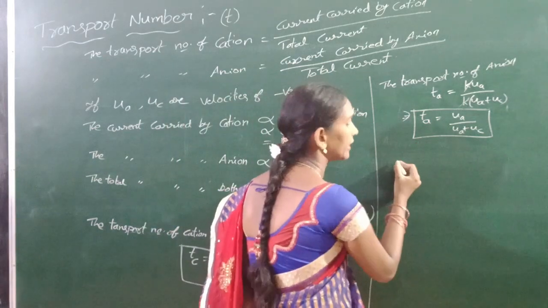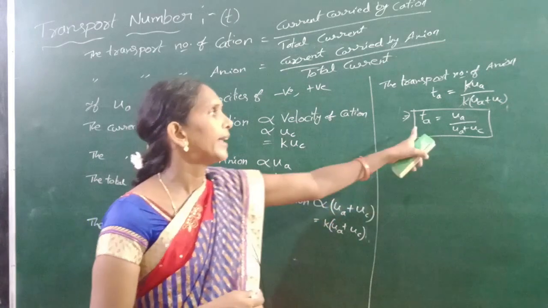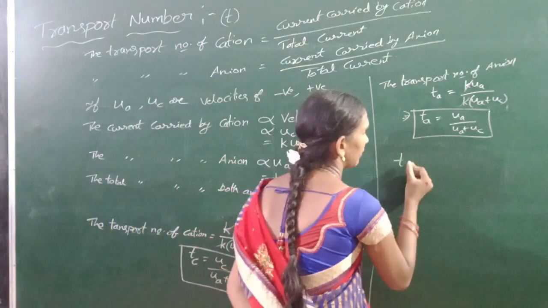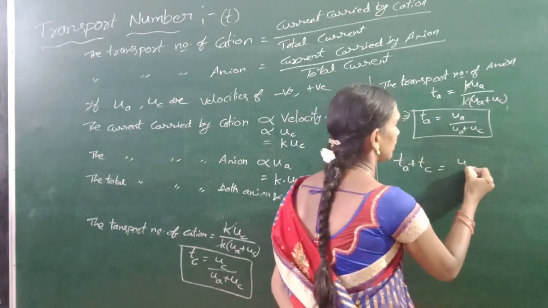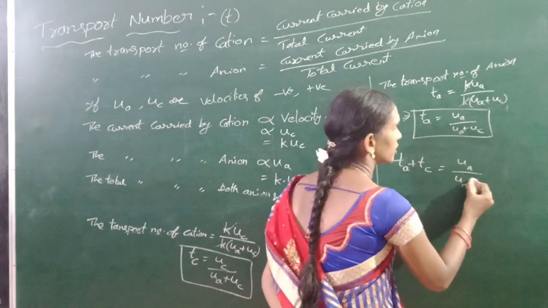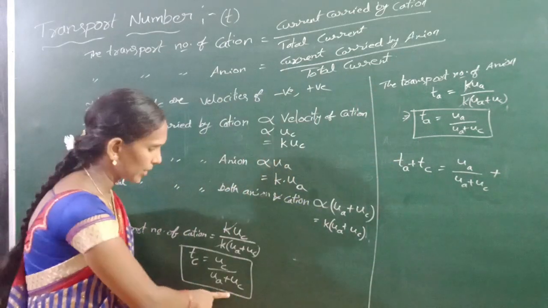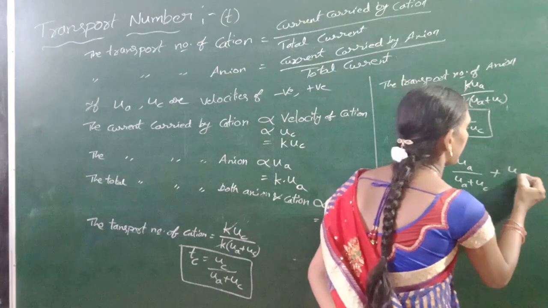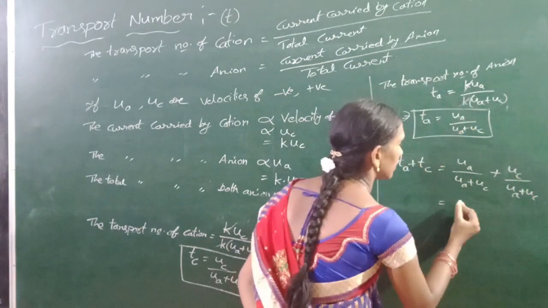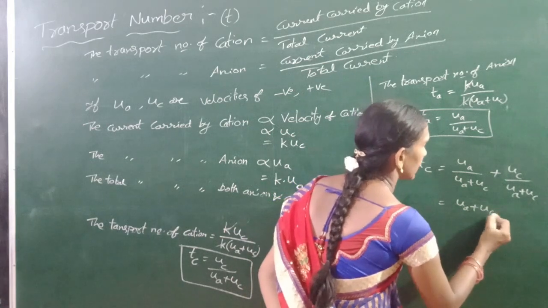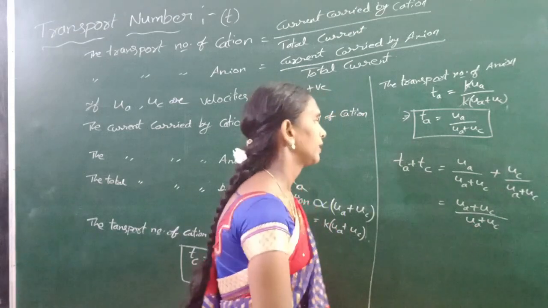Then the sum of transport number of anion and cation, Ta plus Tc, is equal to UA by UA plus UC plus UC by UA plus UC. That means UA plus UC by UA plus UC, which is 1.